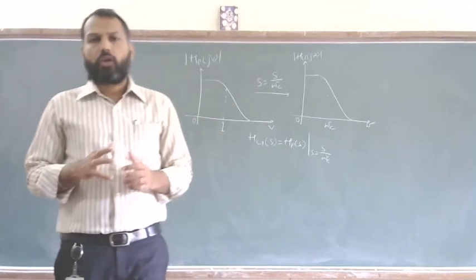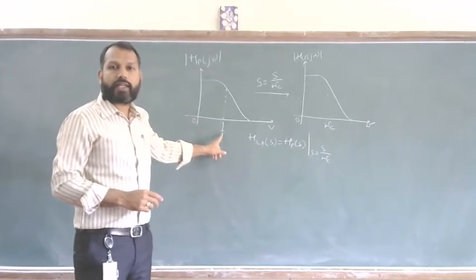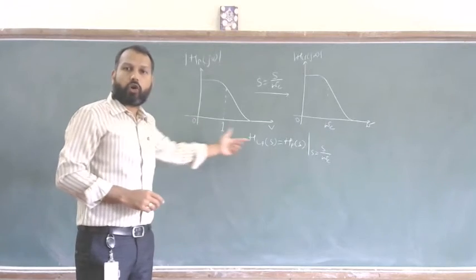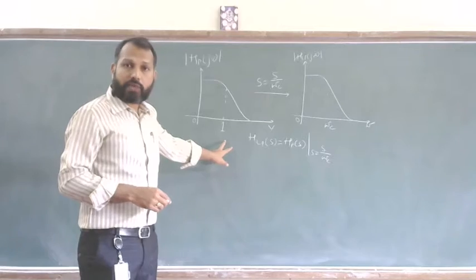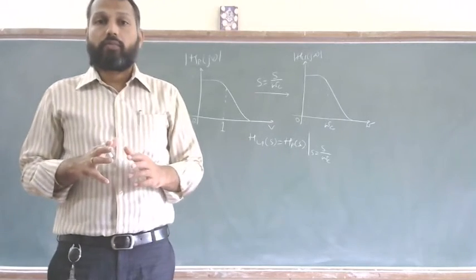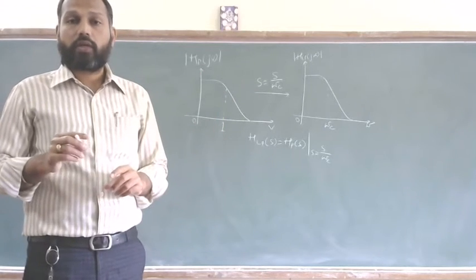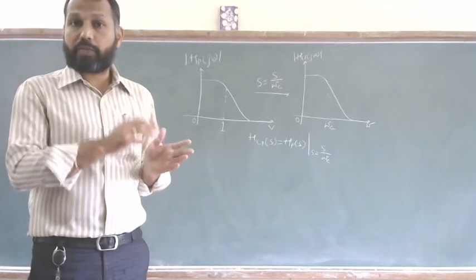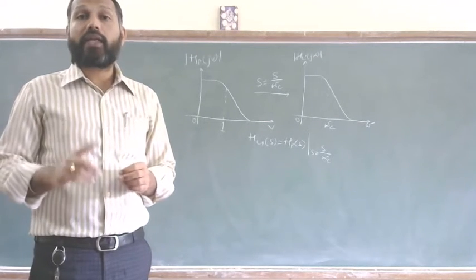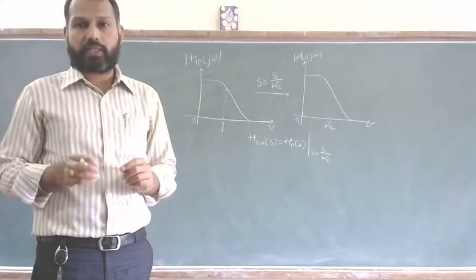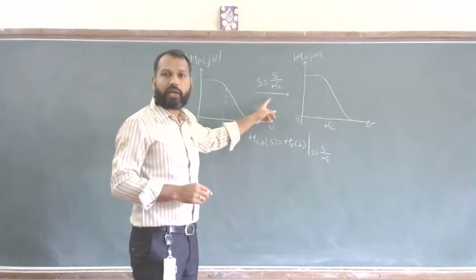We call a low pass filter a prototype filter when its cutoff frequency is 1 radian per second, on a normalized frequency V. To convert it into a practical low pass filter whose specified cutoff frequency will be omega C, and the magnitude gain will not be affected in any sense, we apply the transformation S equals S divided by omega C.